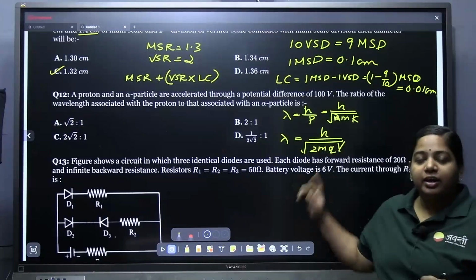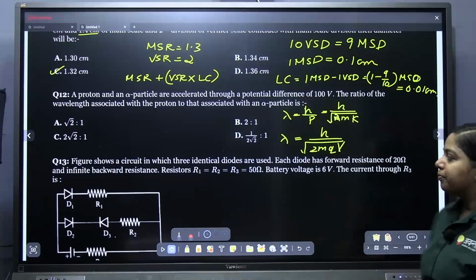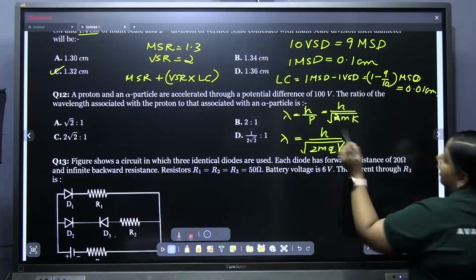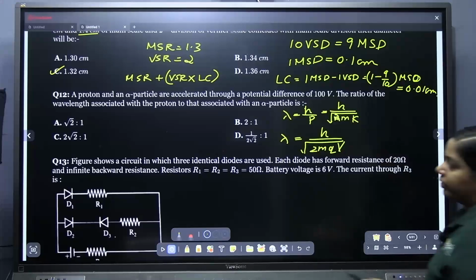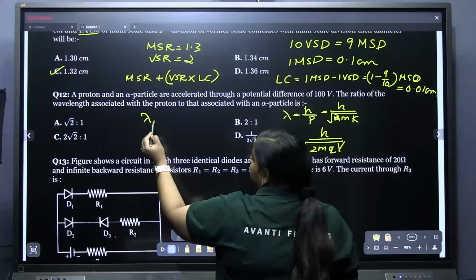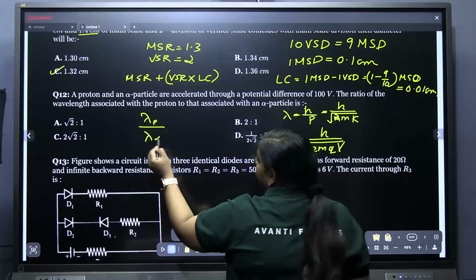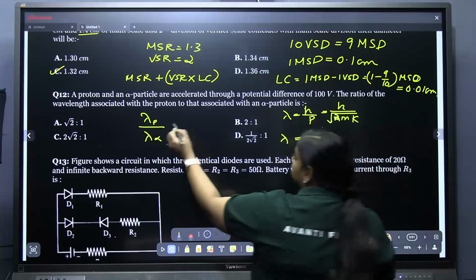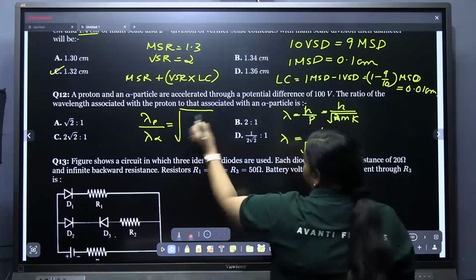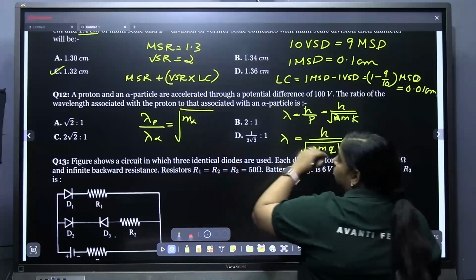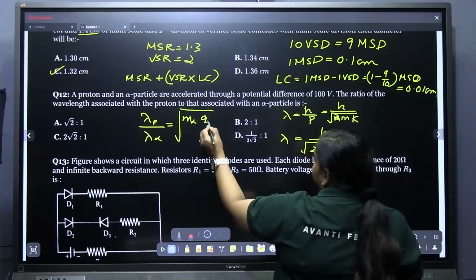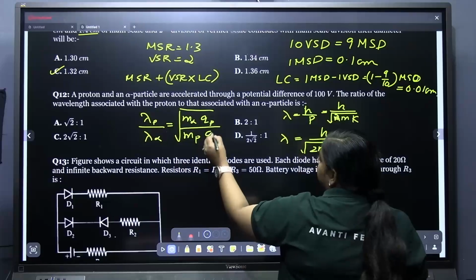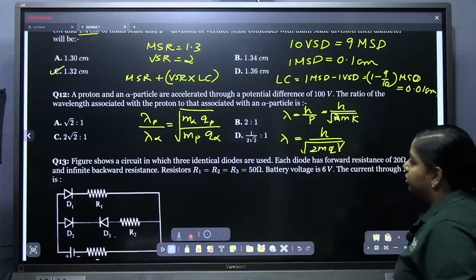These are all the same formula, just written in different cases. So for alpha particle and proton, you have to find wavelength of proton by wavelength of alpha particle. Just substitute this, then you will get mass of alpha particle, potential is same, charge of proton divided by mass of proton, charge of alpha.